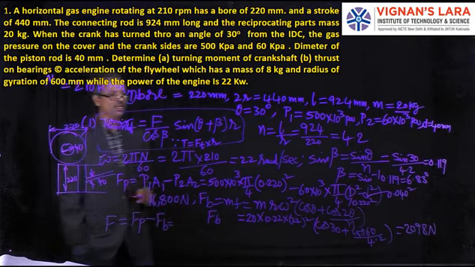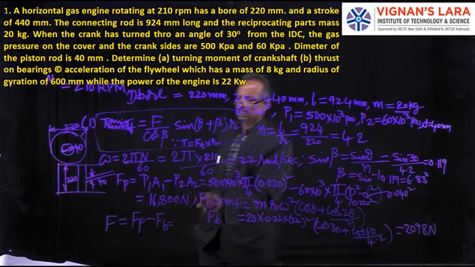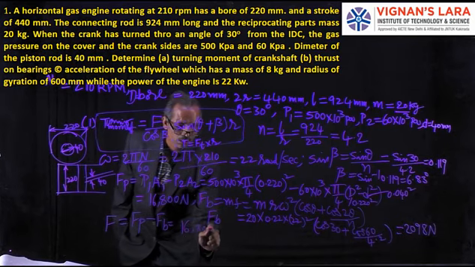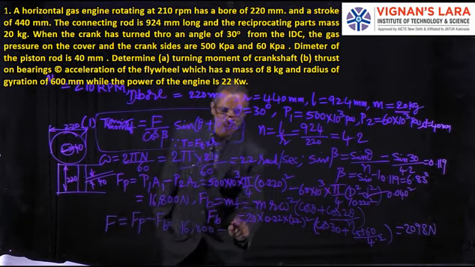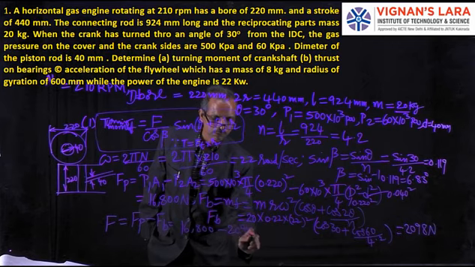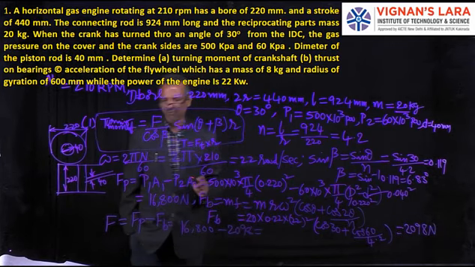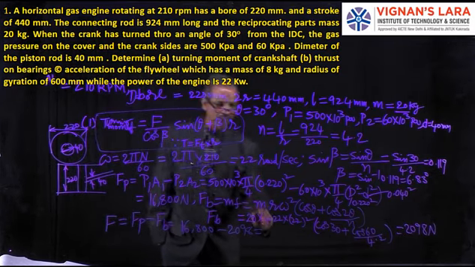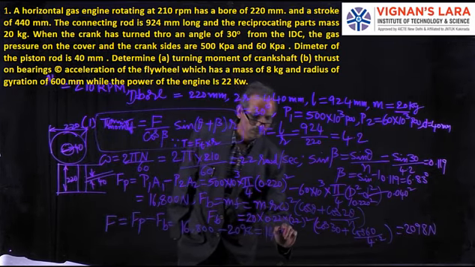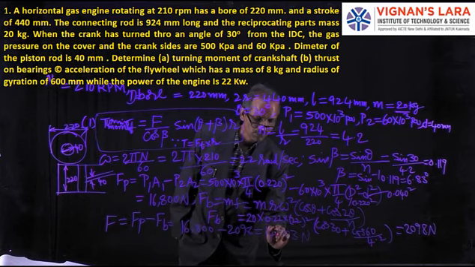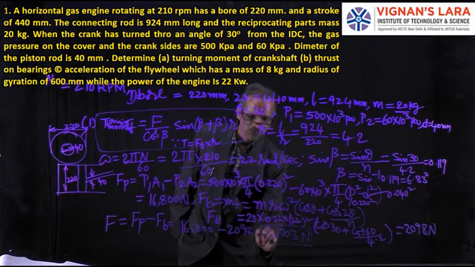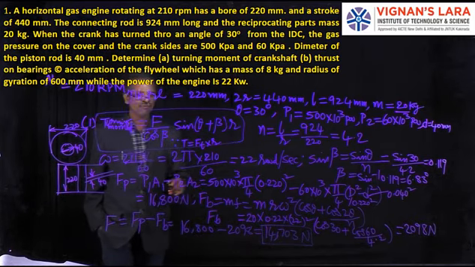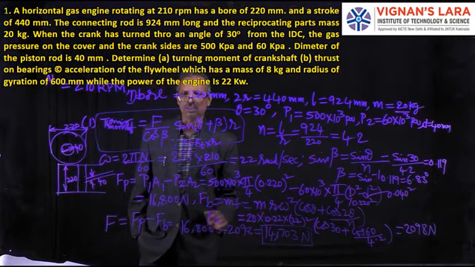What is FP? FP, we got 16,800. Then FB 2098. So the net force F which you get is 14,703. This is the net force F. F is 14,703.